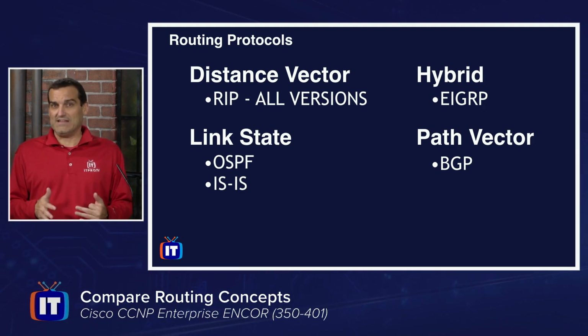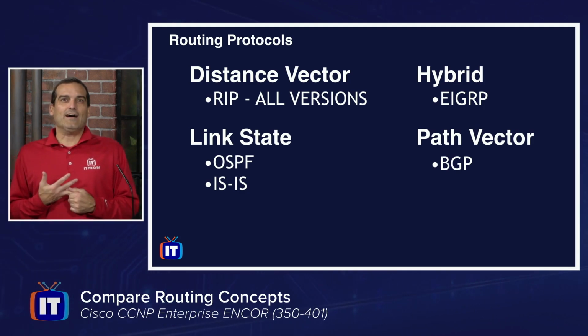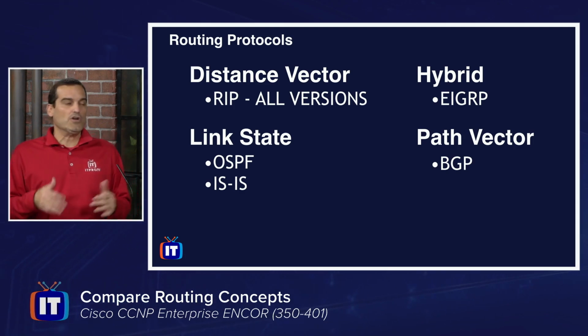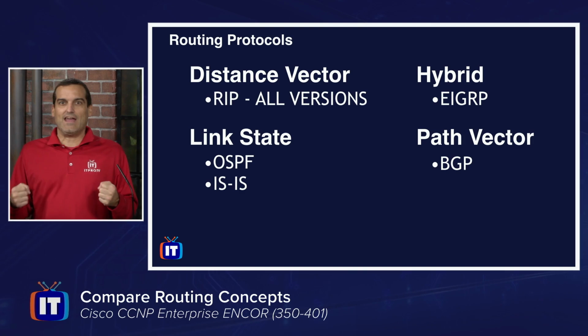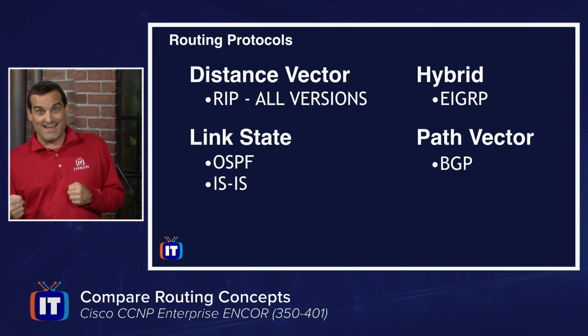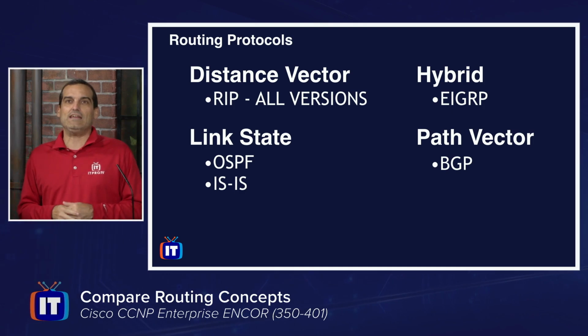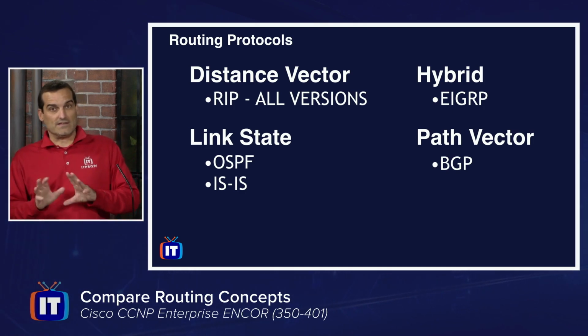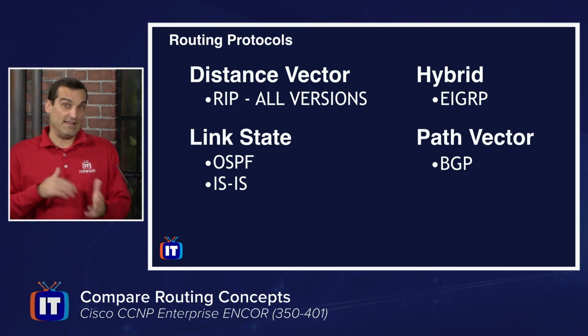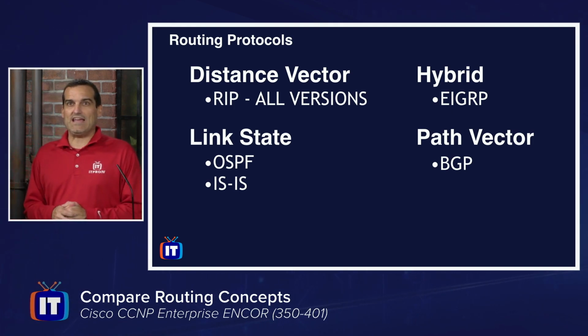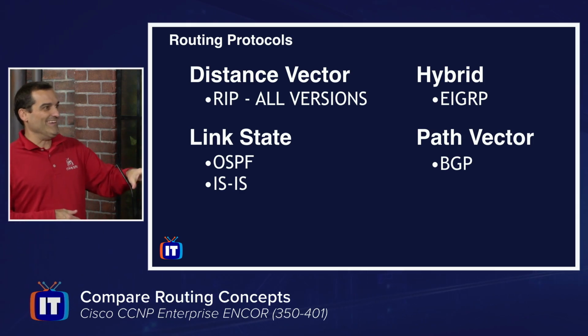One time in life, it pays to be classless. So RIP is distance vector. Then we have link state, where the big battle is what's better, OSPF or IS-IS, but both are link state. And then we have hybrid. It's a little bit of both, according to me and Cisco's question authors. That's EIGRP.